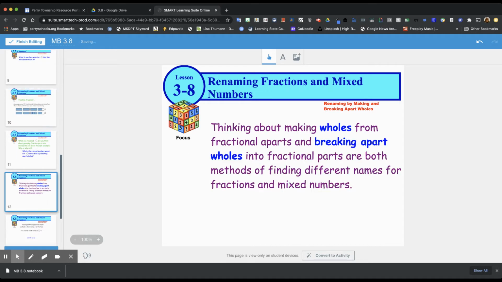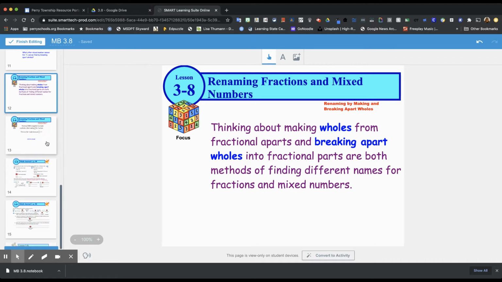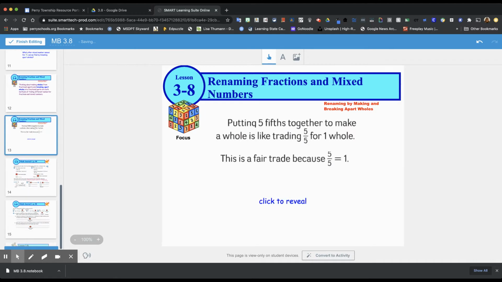So thinking about making wholes from fractional parts and breaking apart wholes into fractional parts are both methods of finding different names for fractions and mixed numbers. Putting 5/5 together to make a whole is like trading 5/5 for 1. This is a fair trade because 5/5 equals 1.